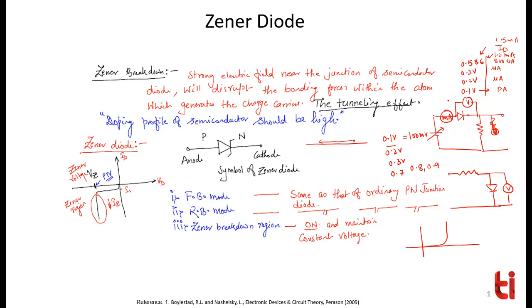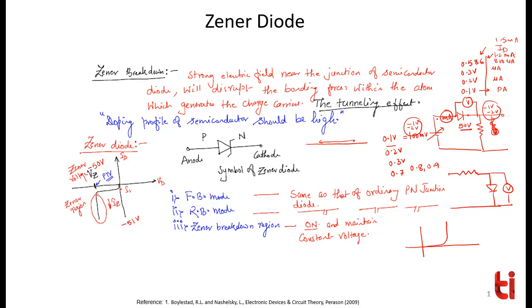In case of a reverse bias, what you have seen is, let's say you have applied -1 volt, you are getting -1 volt. If you are applying -2 volt, you are getting here -2 volt. Whatever the voltage you are applying, you are getting here. But in the Zener breakdown, if let's say the Zener breakdown is 50 volt, let's say -50 volt, it means that even if you apply -51 volt to the diode, you will get 50 volt across the diode.